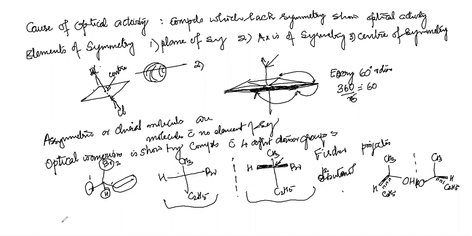Now diastereomers. The definition is very simple: stereoisomers which are not enantiomers. That is the best definition.